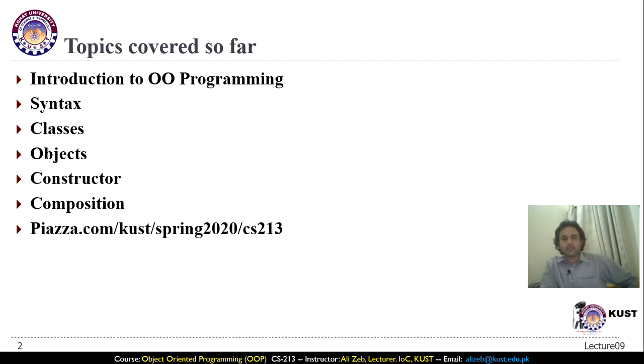These topics were covered in detail, and the examples can be reached at the web page of the course, piazza.com, as we can see on the screen, and the relevant programs, examples and notes can be accessed through this Piazza page.